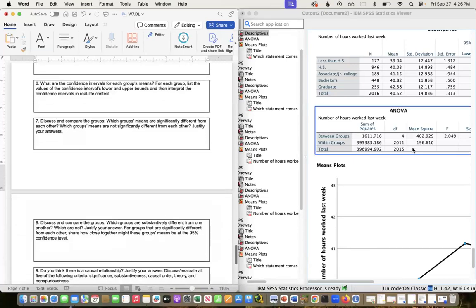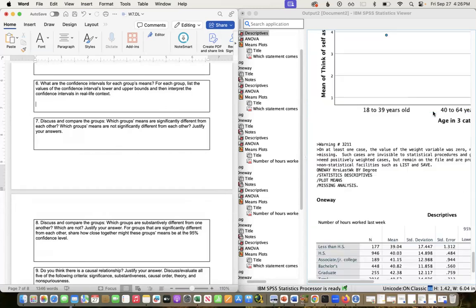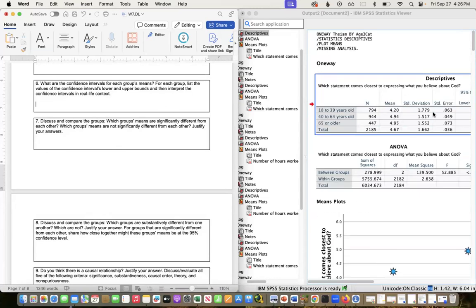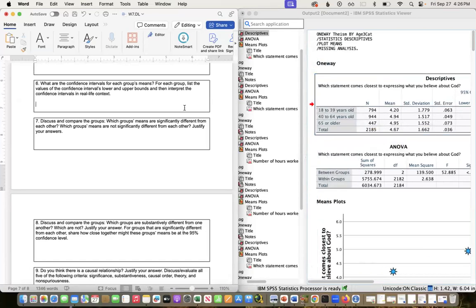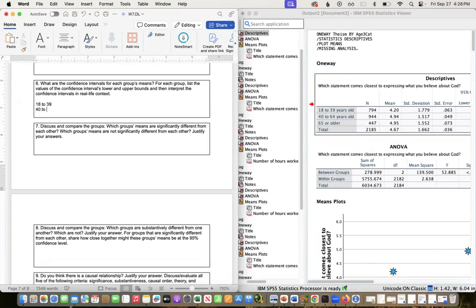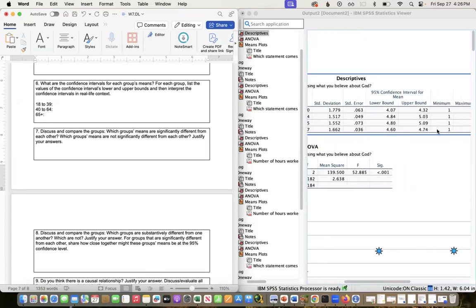What are the confidence intervals for each group's means? So for each group, list them. And so this is going back to these confidence intervals. So for 18 to 39-year-olds, 40 to 64, and 65 plus. And so here are my confidence intervals. This is 4.07 to 4.32.